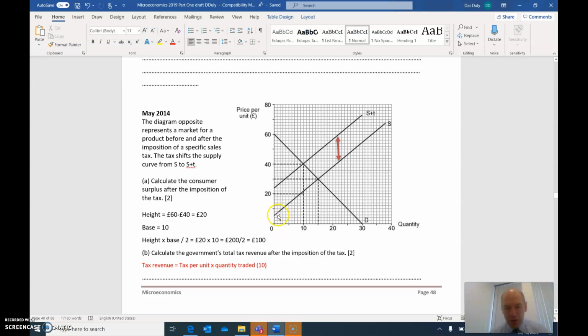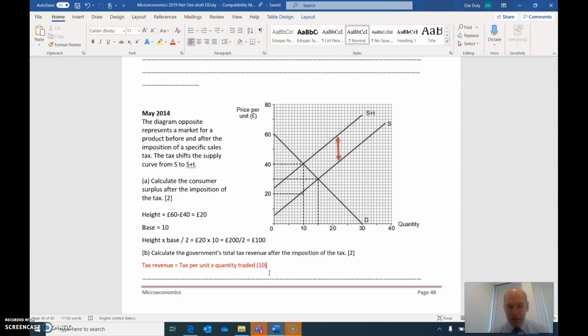Now you know that one tiny little box is equal to £2, count up the amount of little boxes between your initial supply curve and the S plus T supply curve. So count up the gap between them. You can pause this if you want to. We'll count them up.